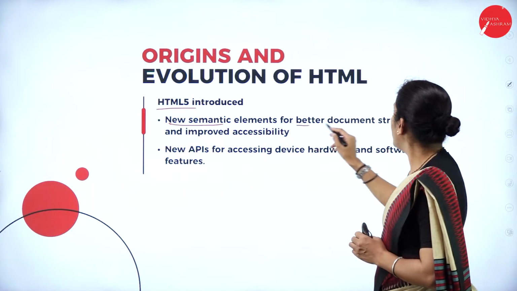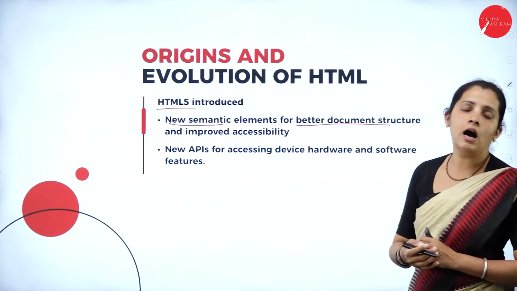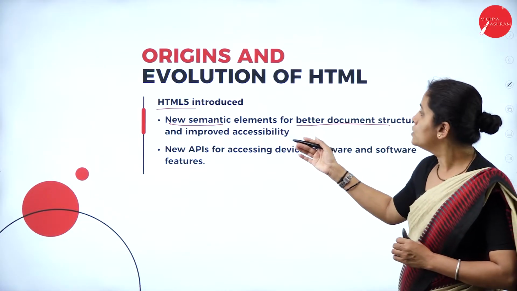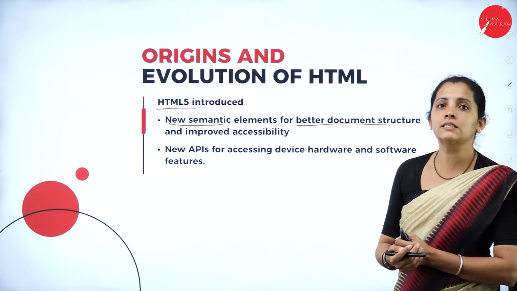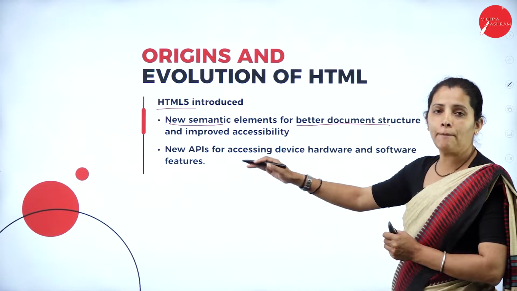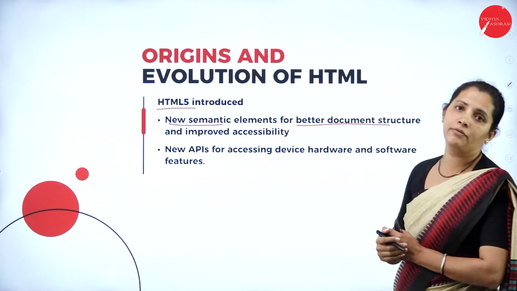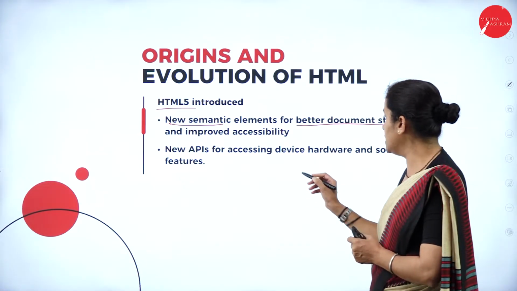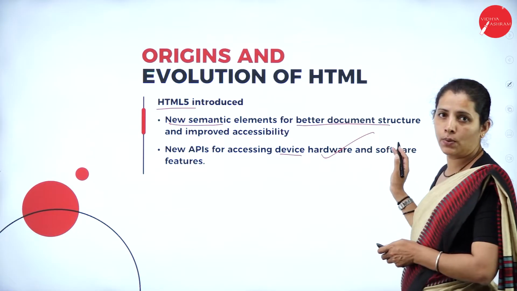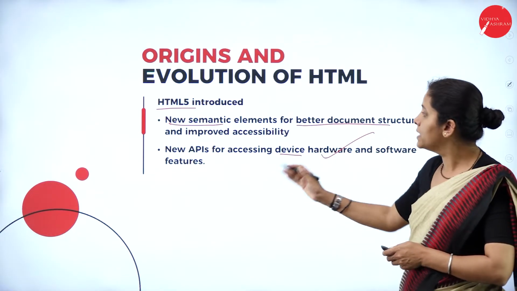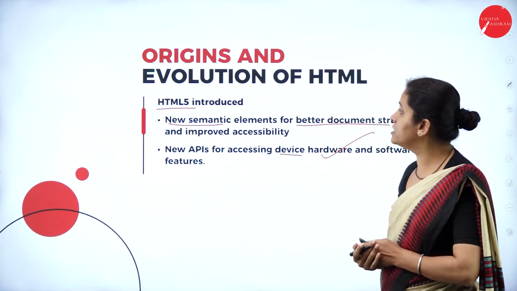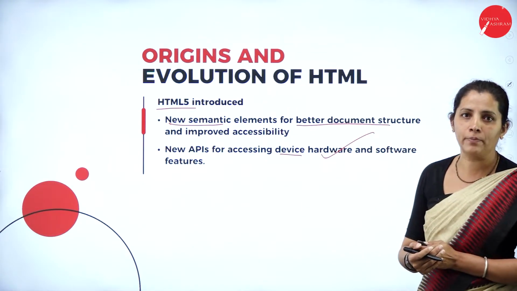So it has better document structure and it provides improved accessibility. What is semantics? Semantics is nothing but the rules. Now, it provides application program interfaces for accessing devices, like hardware as well as software features. So, these are the two new add-on features of HTML5.